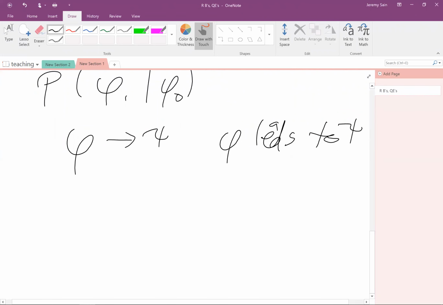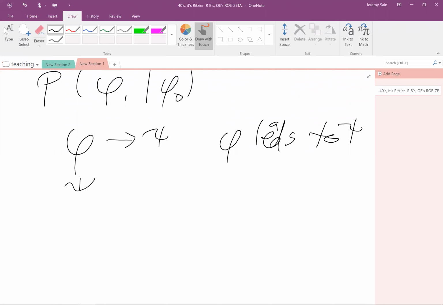All this means is if you're at phi, there is a chance somehow you will wind up at psi if you keep on going forever and ever. Maybe not in one step, but if you're currently at one state and you do this several times, you could eventually wind up at psi. So this is called phi leads to psi, and if they lead to each other, this is actually an equivalence relation.